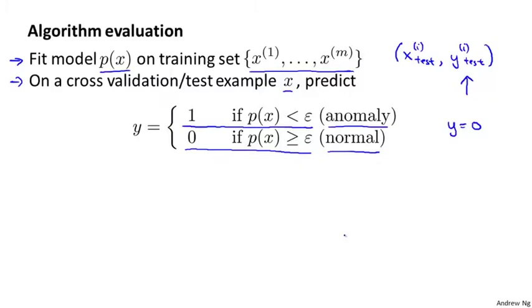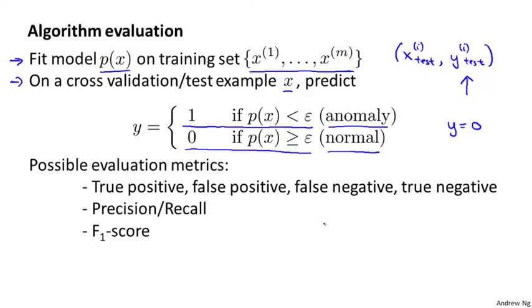So what's a good evaluation metric to use? Because the data is very skewed, since y equals 0 is much more common, classification accuracy would not be a good evaluation metric. We talked about this in the earlier video. If you have a very skewed data set, then predicting y equals 0 all the time will have very high classification accuracy.